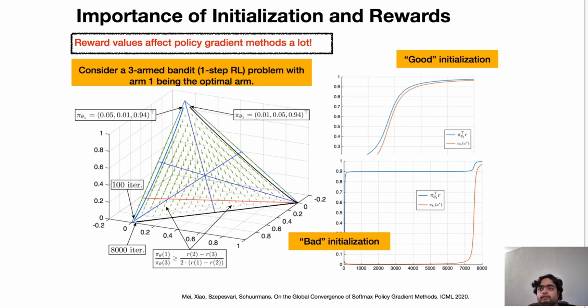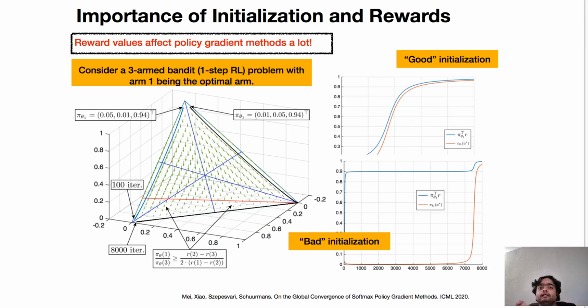Now, the bit that is perhaps the most interesting here is that which initialization is a good initialization versus which is a bad initialization depends on the difference between the reward values. Because the policy gradient objective literally just depends on the rewards, because it's the expected return under the policy pi, right? It's pi dot r in a sense.